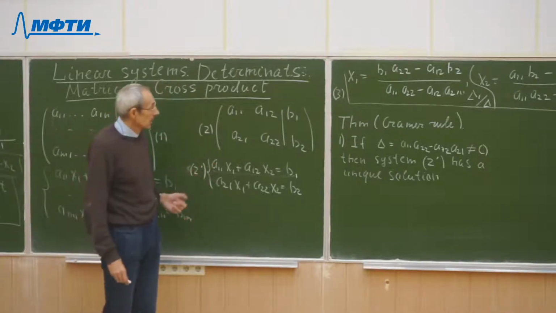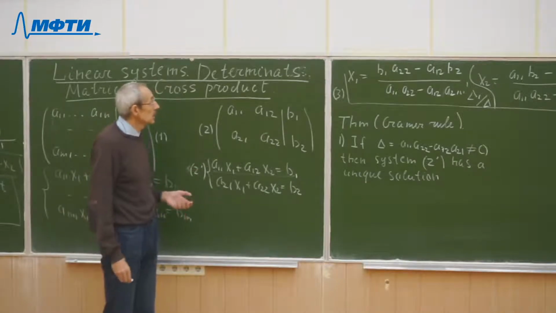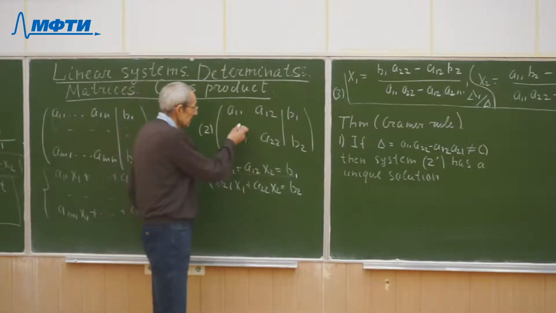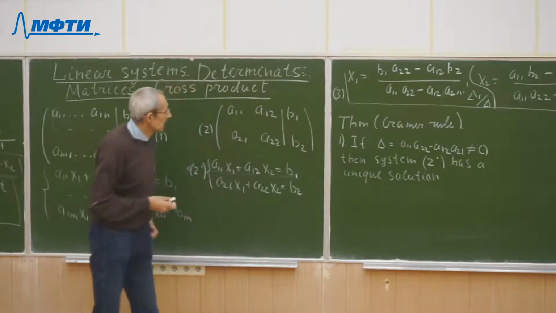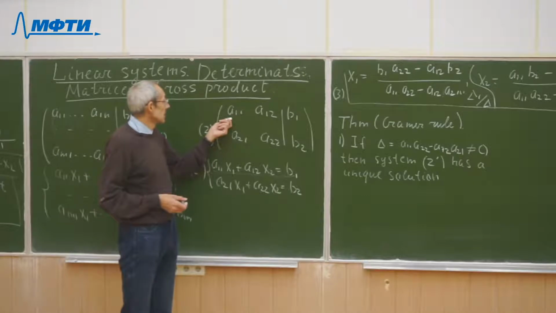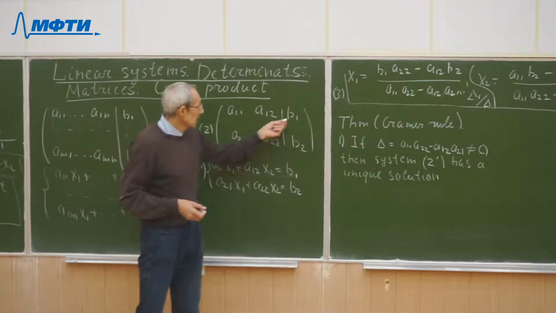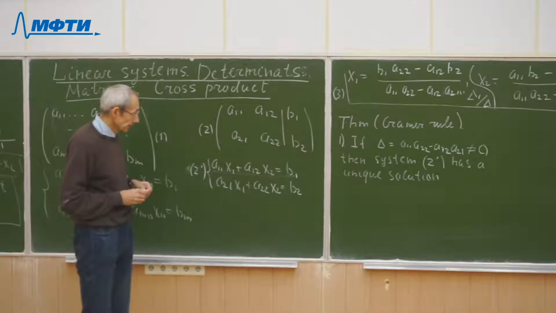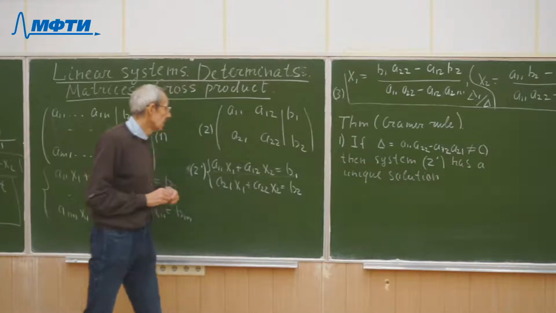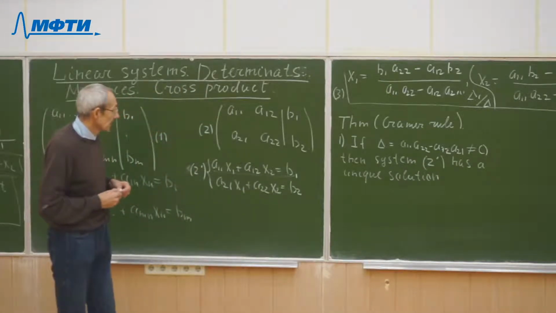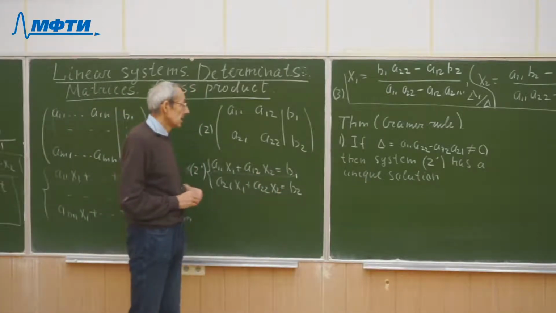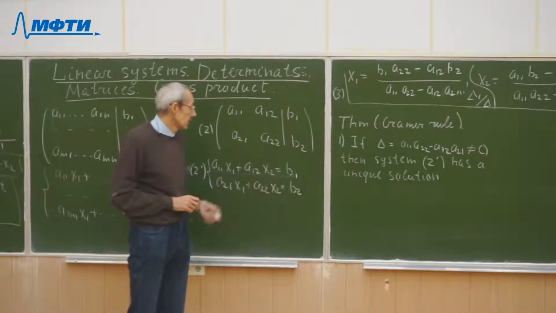We can rewrite this linear system in the form of a so-called matrix, which contains the following entries: the coefficients of the linear system and the numbers which lie on the right side of our equations.